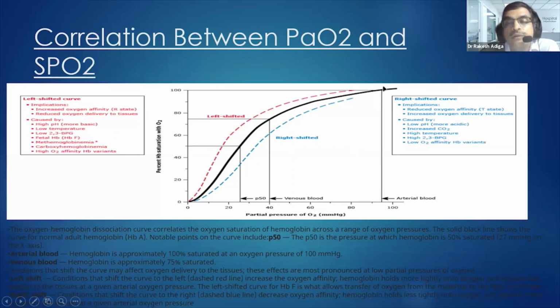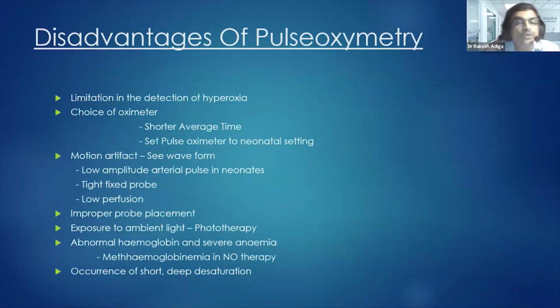It might be 120, 200. But the pulse oximeter reading will show 98. You can see HbF can go much above 100%. The oxygen saturation can go very high with the partial pressure of oxygen more than 98. So this hyperoxia cannot be detected by the pulse oximeter.